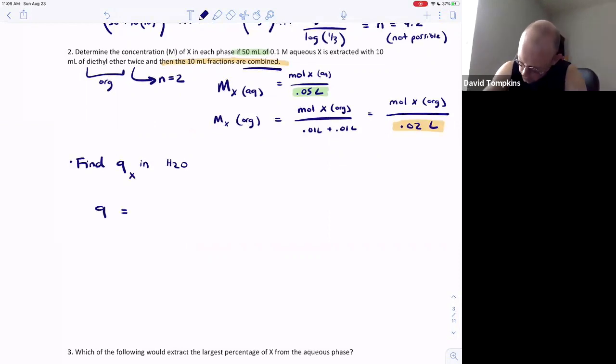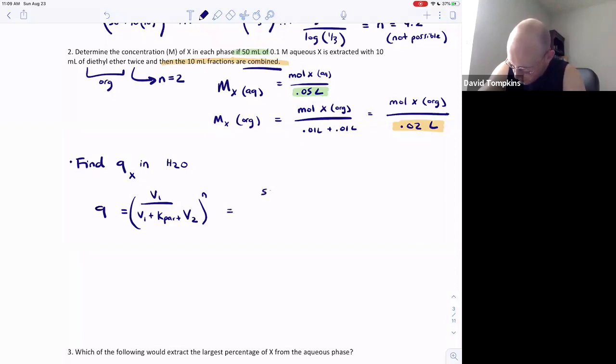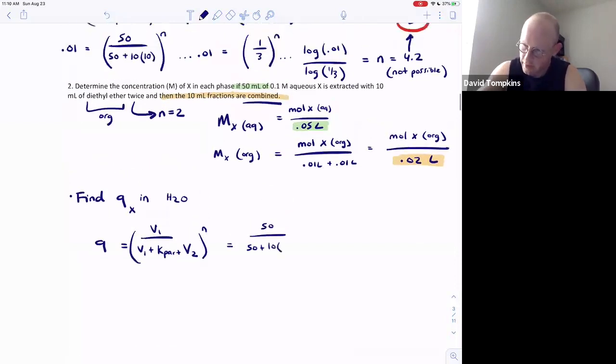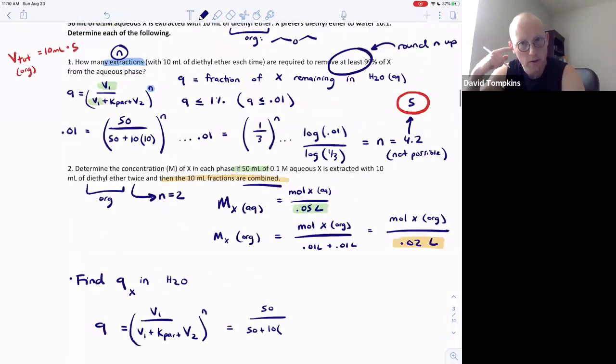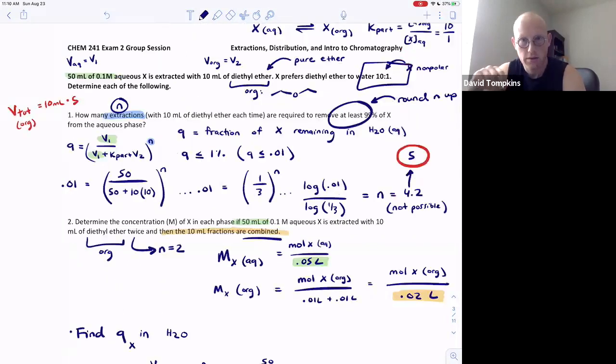So Q is equal to the volume of water over the volume of water plus K part times the volume of the ether, raised to the n. Or this is equal to 50 over 50 plus 10. So K part was 10, we saw that. We were given that value up here where it preferred ether to water 10 to 1.